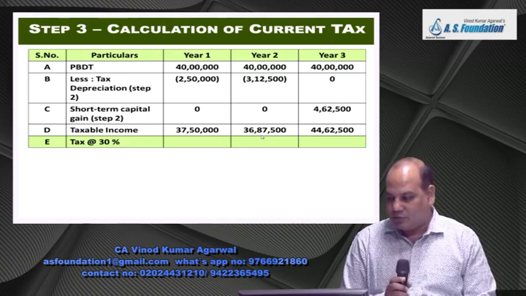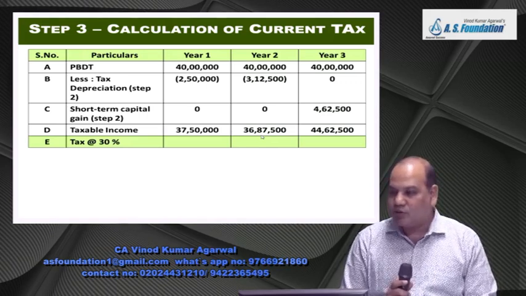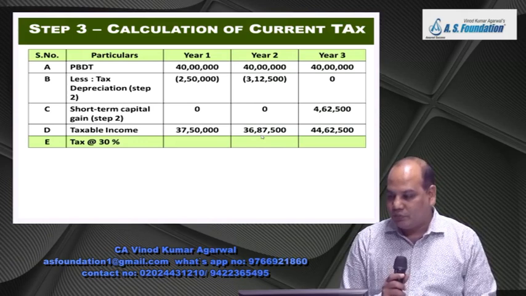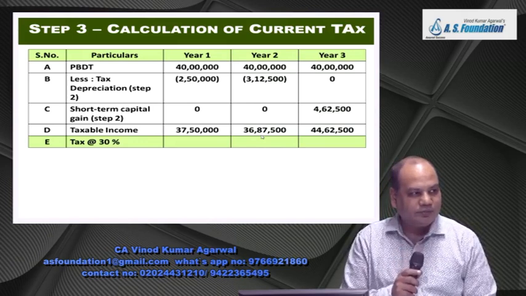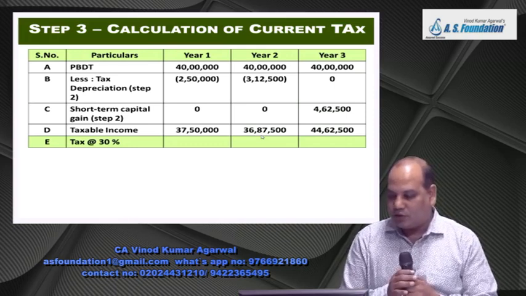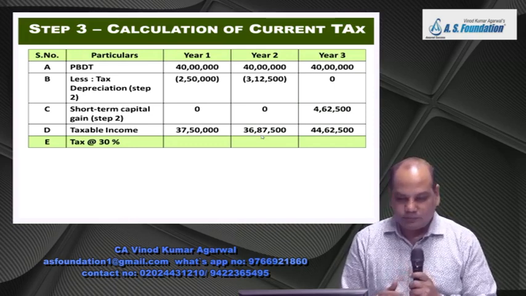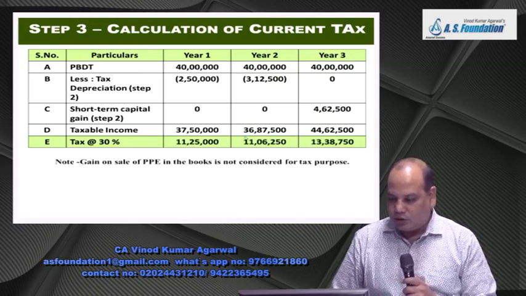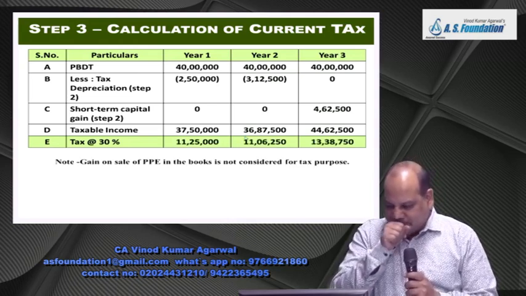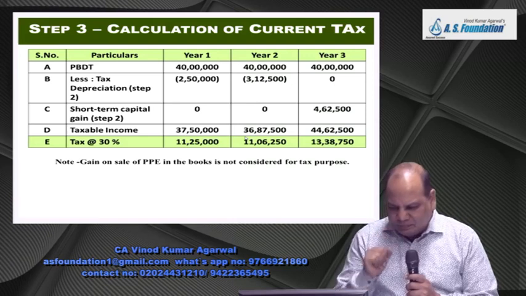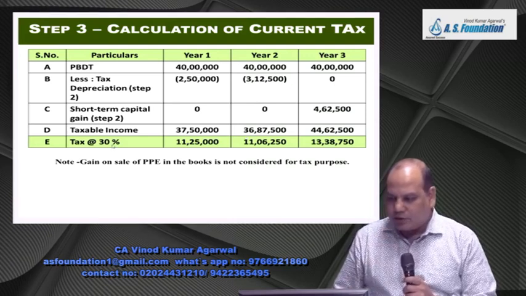And the last year, taxable income is 44 lakh 62,500. 44,62,500. So therefore now write down tax at the rate of 30%.